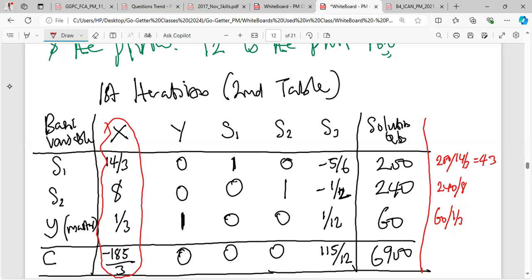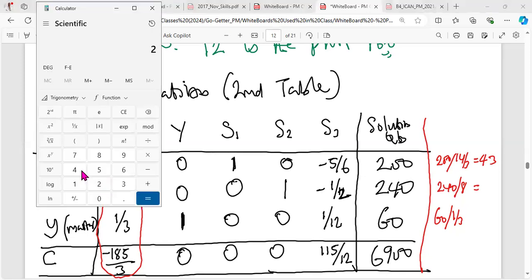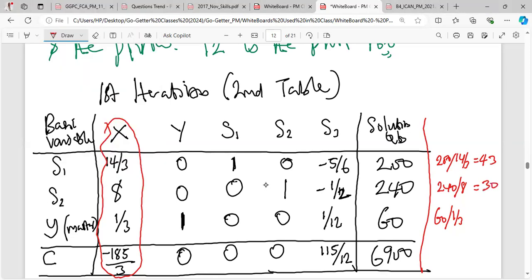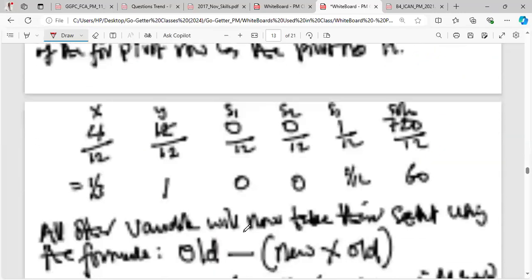Whole numbers. Now we have 240 over 8. Let's see what it's going to give us. 240 divided by 8. That's going to give me 30. This is 30. And then we have 60 over 1 over 3. So let's do that.